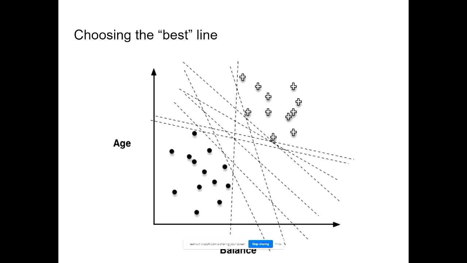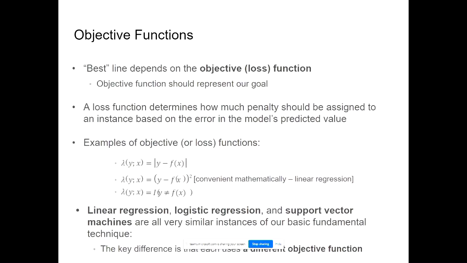So in the chapter that you read, there was a lot of discussion about the ways to optimize the linear classifier. And as you can see, there are lots of different ways that this line could be determined. But the way that that is usually decided upon is based on some form of optimization, which is related to what's often called a loss function or objective function.